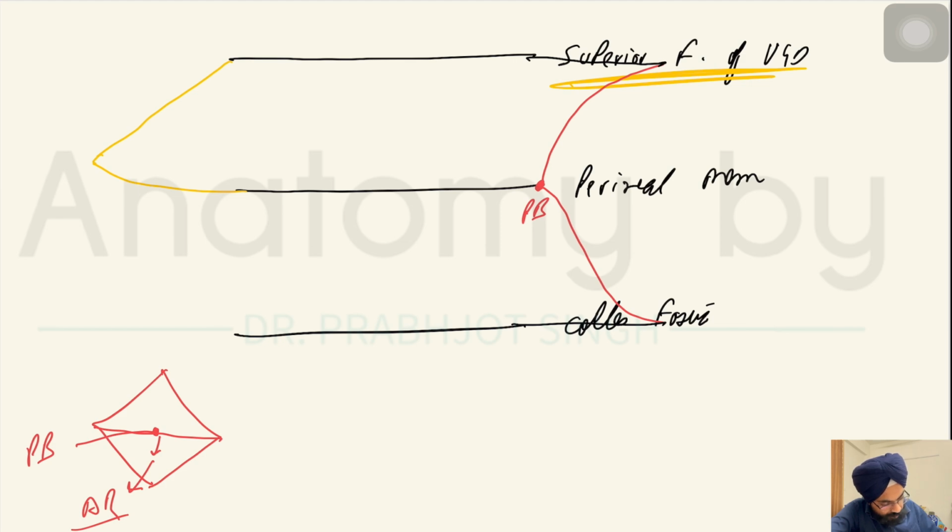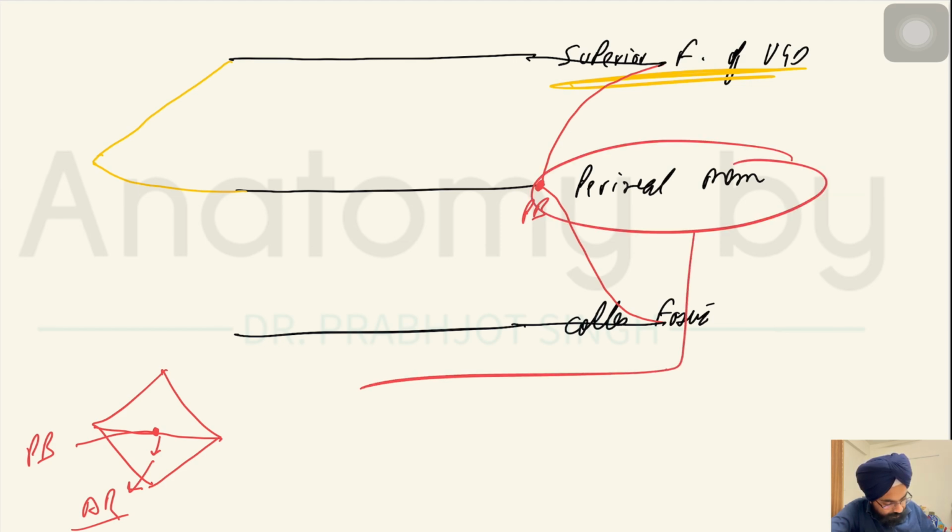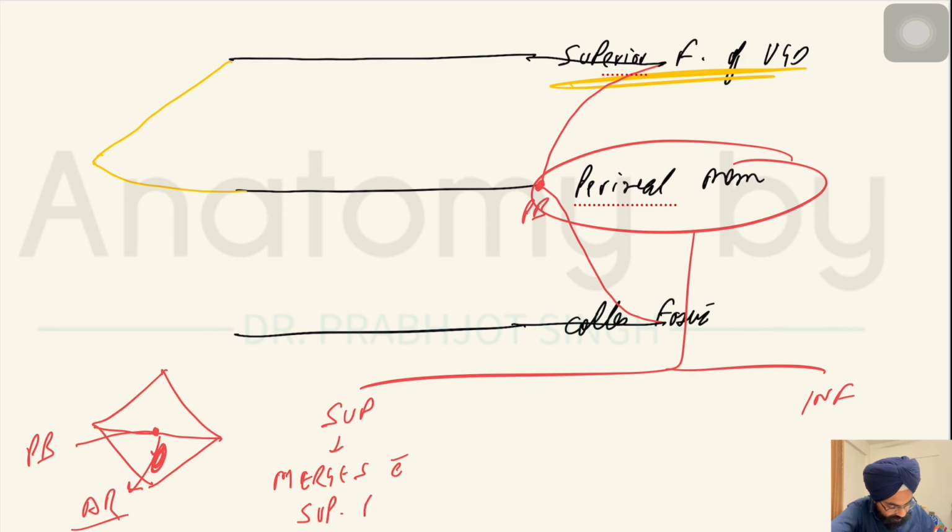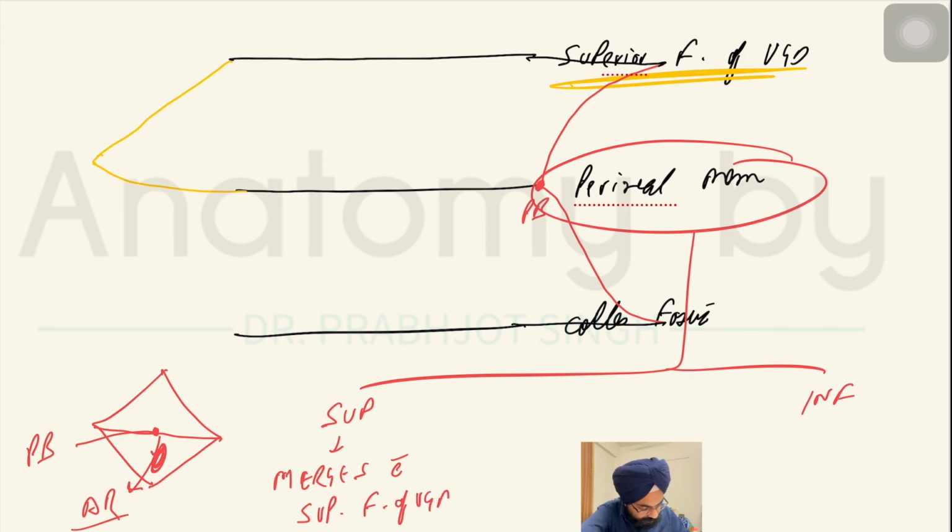So the perineal membrane has two layers now, the superior layer and inferior layer, posterior to the perineal body in this region. The superior layer merges with the superior fascia of urogenital diaphragm. The inferior layer merges with Colles fascia. That is about the perineal membrane.